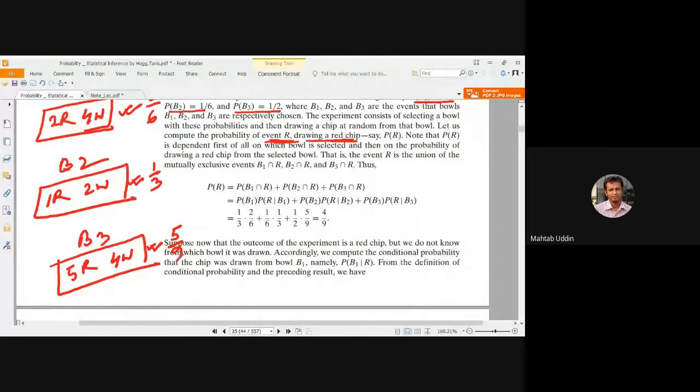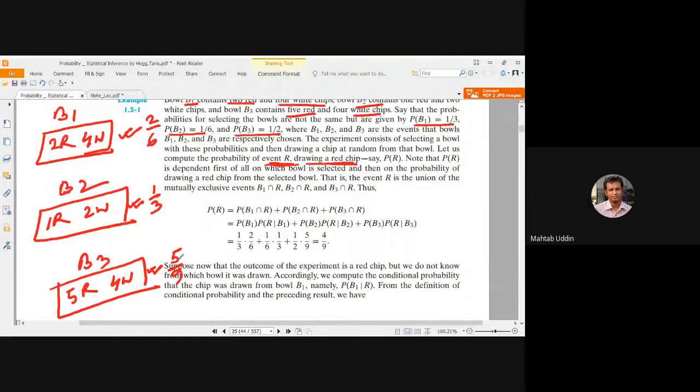Now, what is the total probability of red chip? We can take the red chip from the first ball, B1 intersection R, that means red chip from the first ball, red chip from the second ball, red chip from the third ball. But we know you first have to select the ball and then the chip. No, sir.